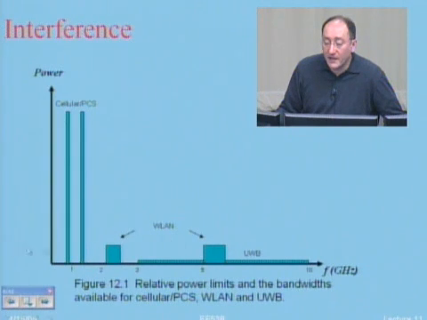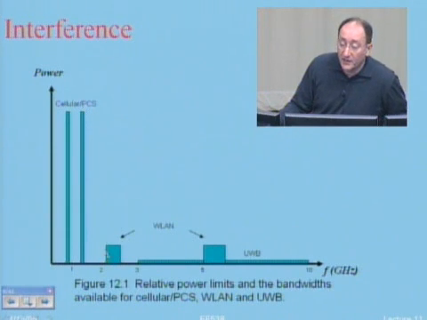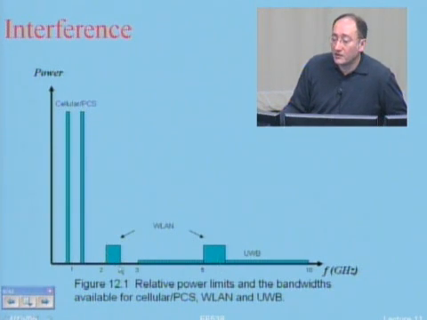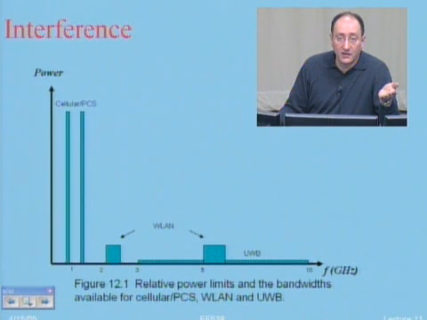Then we have ISM bands, one of them at 2.4 gigahertz for 802.11b/g, and then ISM bands at 5 gigahertz, which are for 802.11a. Certainly the power in cellular and PCS is more than in wireless LANs, but none of these are interfering with this channel. The only one which interferes is the 5 gigahertz band.